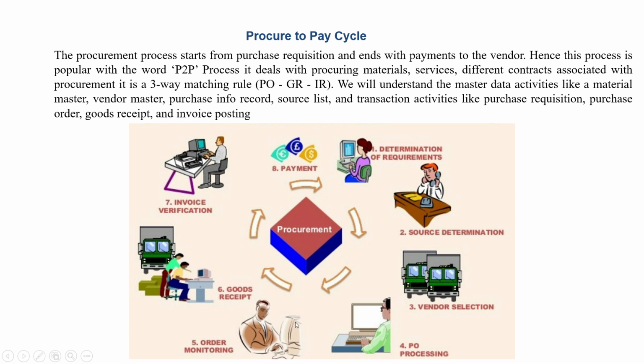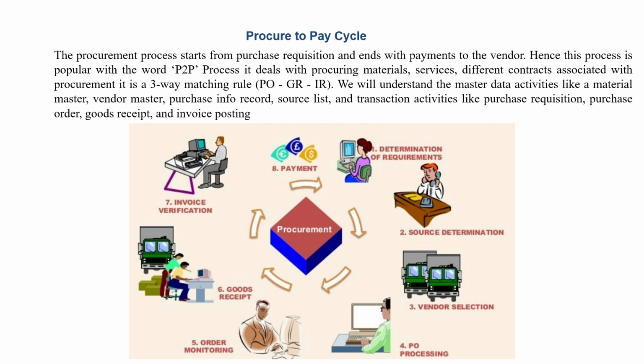After sending it to the vendor, we do purchase order monitoring, and we remind the vendor. Once the vendor receives the purchase order, he will send the goods to the plant. Once the plant receives the product, the inventory management people will come, check the quality, and then do the goods receipt.